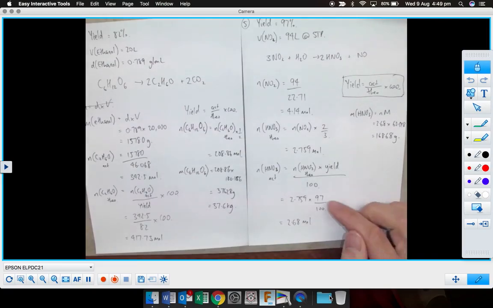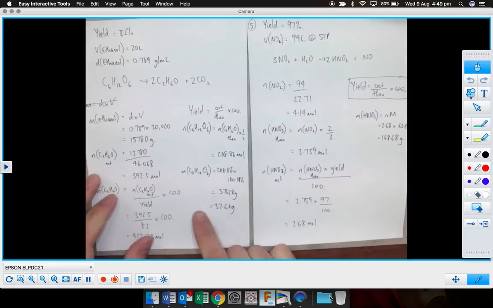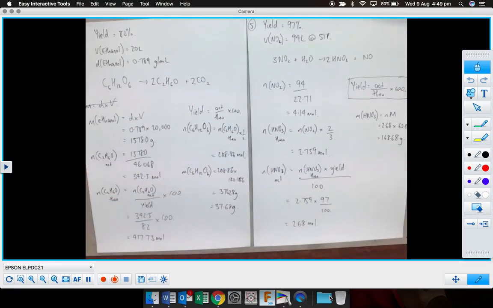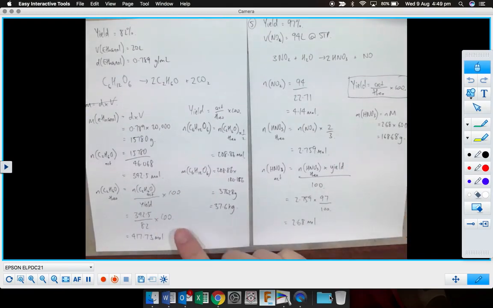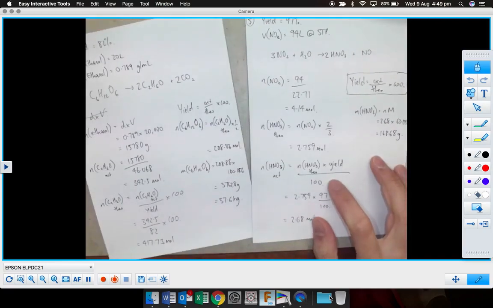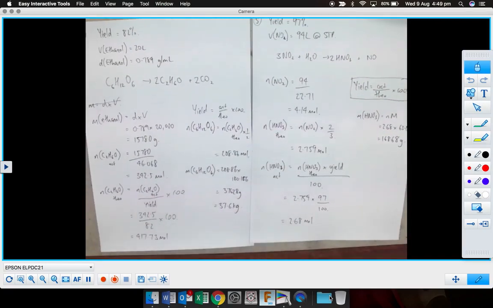So therefore you do yield over 100. This question here is asking you to work out how much you needed to produce a certain amount. That's why you used 100 over yield. So this one, yield over 100. This one, 100 over yield, depending on what you're asked to work out. Product, yield over 100. Reactant, 100 over yield. And that's all there is about yield.